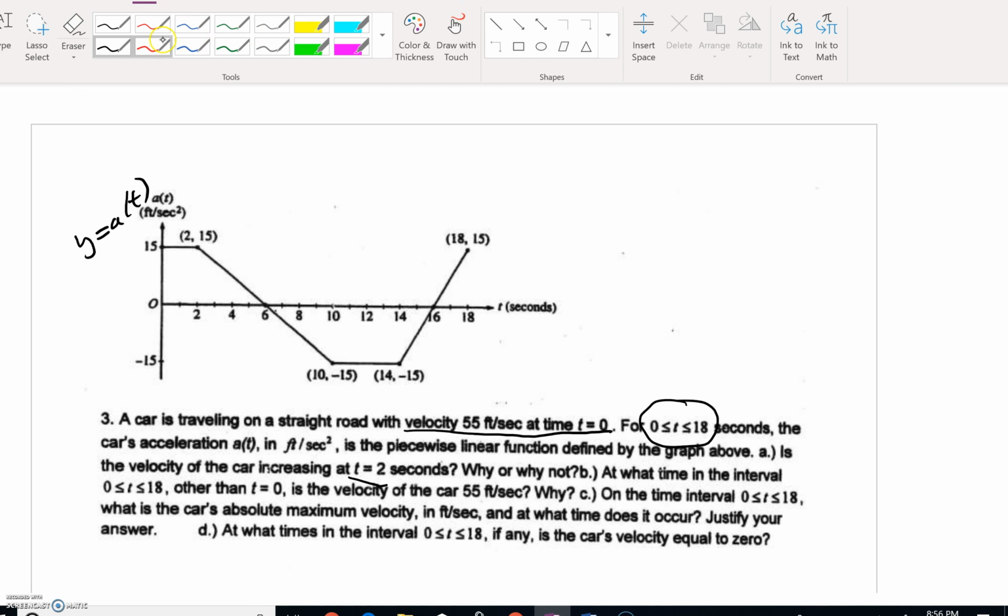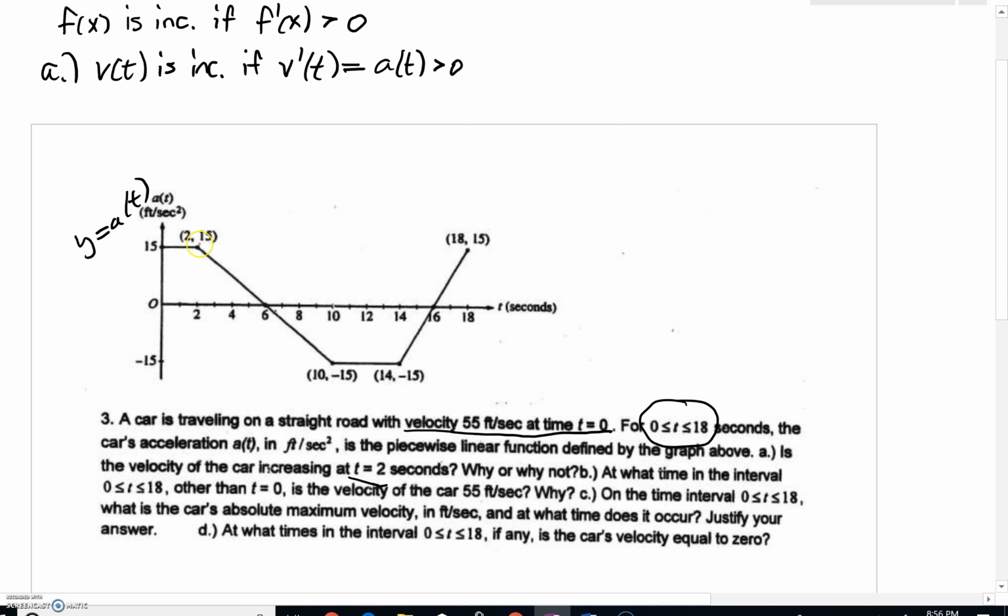So let's take a look and see what's happening at 2. At 2, we can say a of 2 is equal to 15. The acceleration, this y value, is greater than 0. So for part A, we can answer the question now, is the velocity increasing at t equals 2? We can say yes.